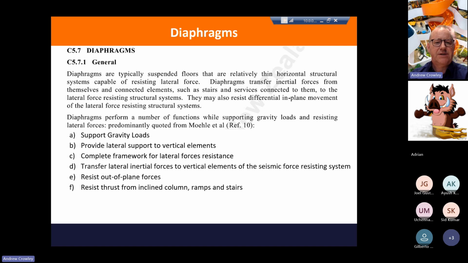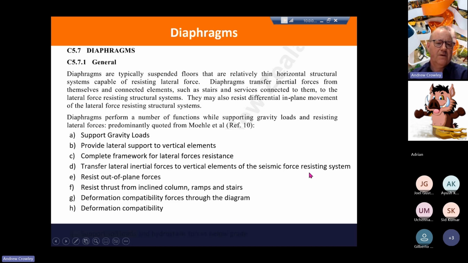They can resist thrust from ramps, stairs and inclined columns if you have such things. And they will control the deformation compatibility through the diaphragm.